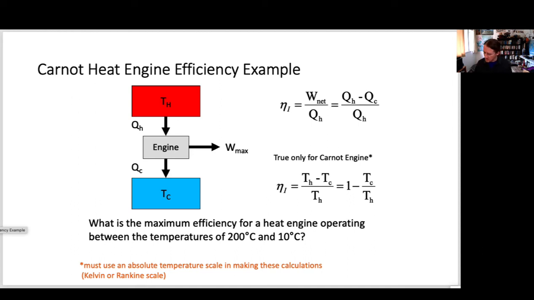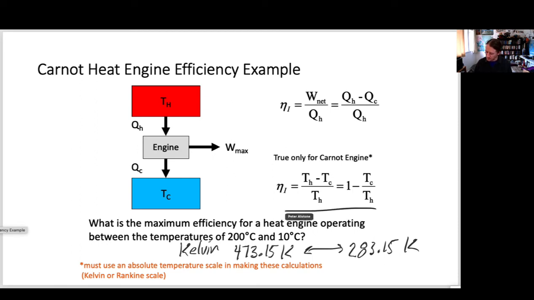So first of all, we need to convert this to Kelvin. 200 degrees Celsius in Kelvin is going to be 473.15 Kelvin. And 10 degrees Celsius is going to be 10 plus 273.15, or 283.15 Kelvin. So we're going to compare the hot side to the cold side using this formula.